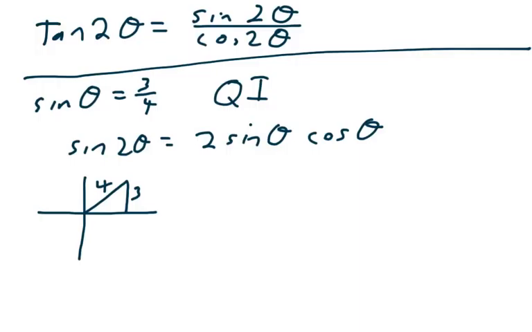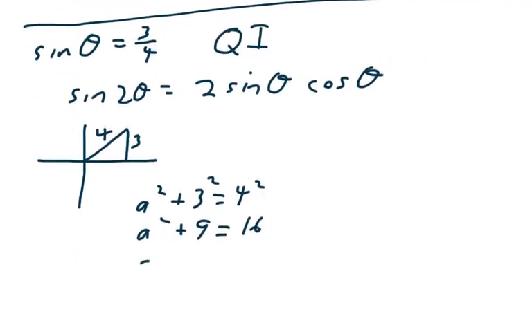So when I do the Pythagorean theorem, I got a squared plus 3 squared is equal to 4 squared. So a squared plus 9 is equal to 16. A squared is equal to 7 when I subtract 9 from both sides. And so I got the square root of 7.